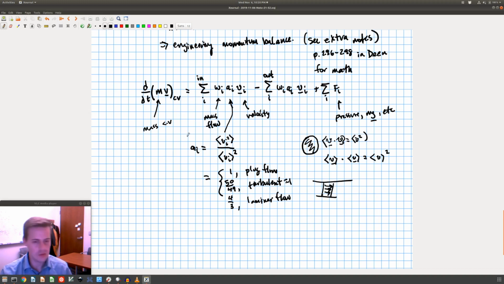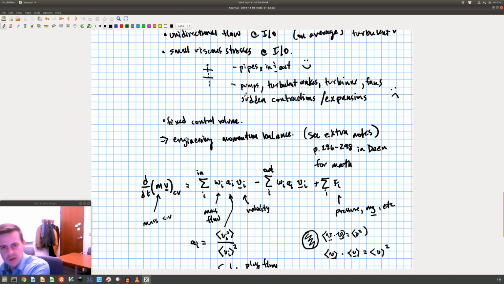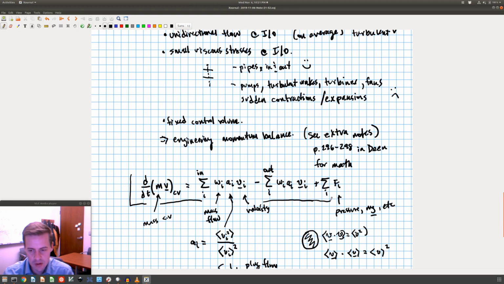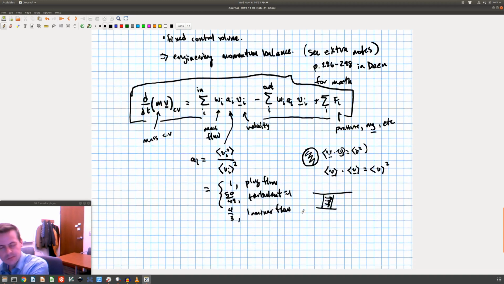So that's the engineering momentum balance. If we pick a system with these assumptions, we get this engineering momentum balance. So let's see if I can put this in a box. I'm going to have to skip some of this stuff because I drew all these arrows around it. But there we go. That's our engineering momentum balance.